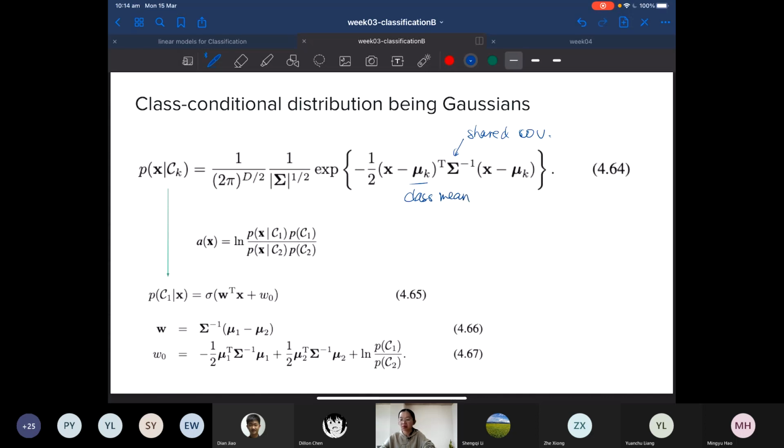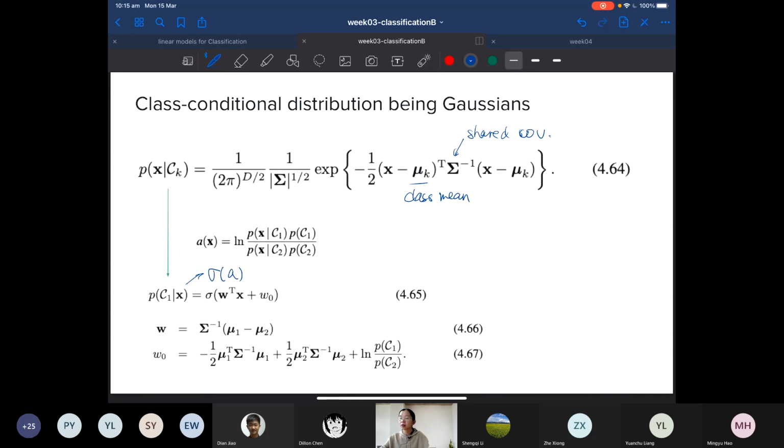You may say, well, this model is a bit naive. Yes, it is, but let's see where it leads us. So let's remind ourselves that the A of X term is the log of the ratio of likelihood times priors. And we simply rewrite. We know from a few slides ago that the posterior probability is nothing but sigma, the logistic sigmoid function of A, right?